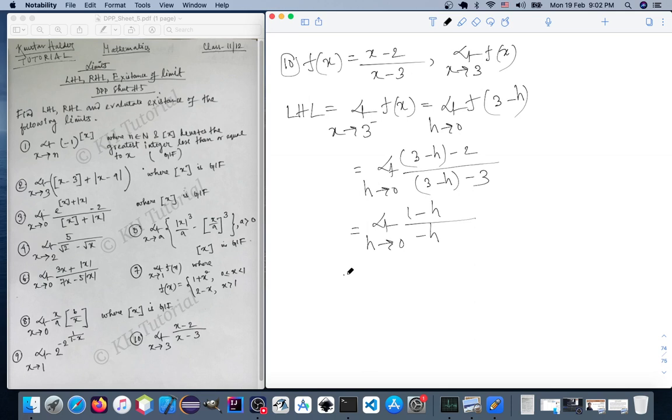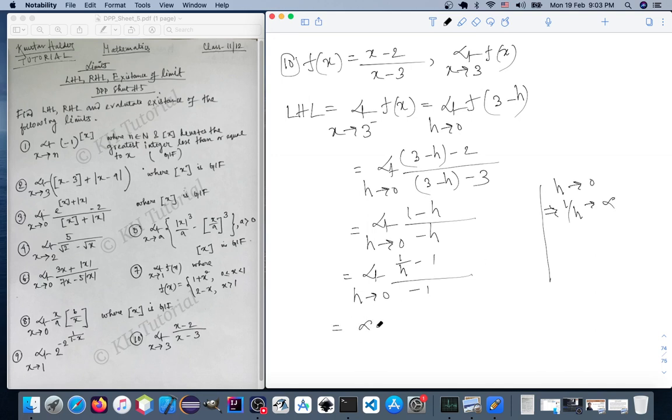So if we divide by h both numerator and denominator, we get 1 by h minus 1, divided by minus 1. So h is tending to 0 implies 1 by h is tending to infinity.